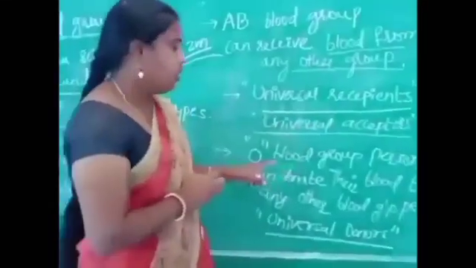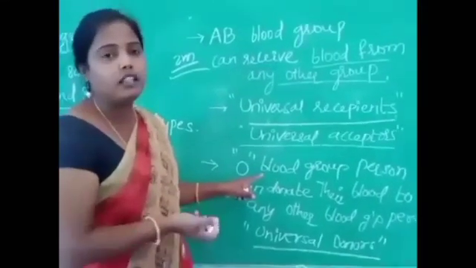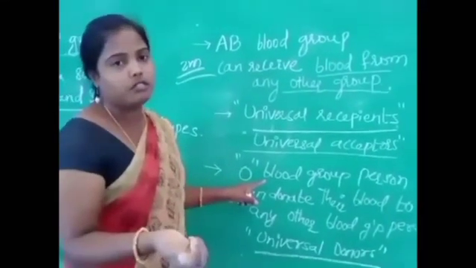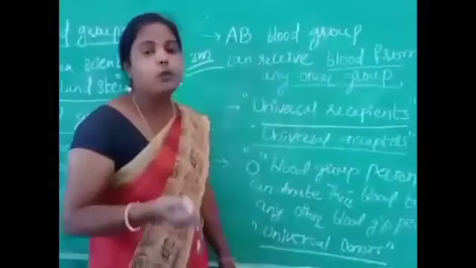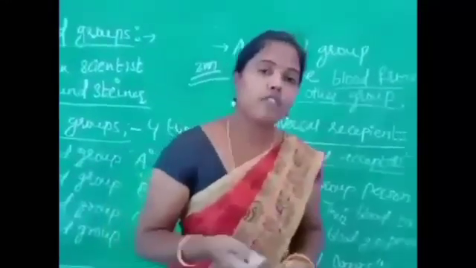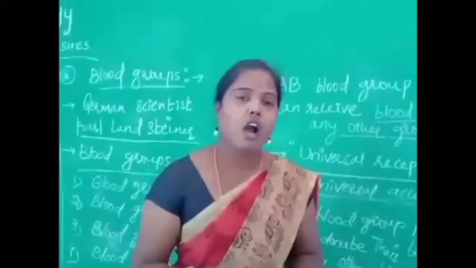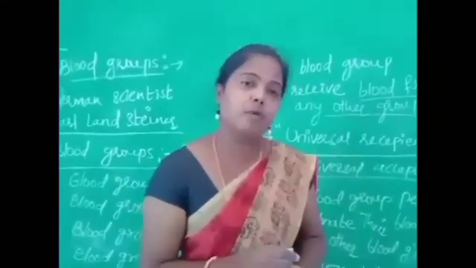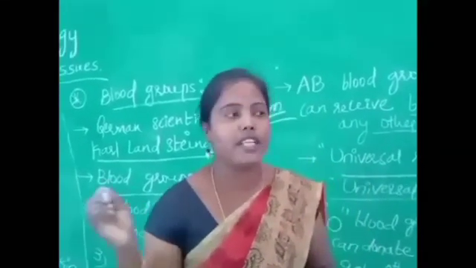But the O blood group person can donate blood to any other group. That's why O blood group person is also called universal donors. Okay children, this is about the story of blood and its types. In later classes we will discuss how we can test our blood sample and find our blood group. Okay, hope you understand this video.